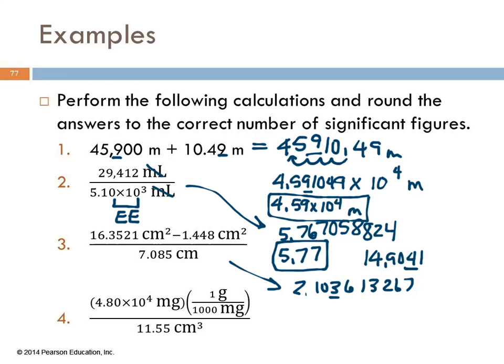We're going to go to the 3. 2.10, you have to round up, 4. And what happens with the units there? We're going to end up with centimeters. Here we've got centimeters squared minus centimeters squared. That's going to give us centimeters squared. Divided by centimeters, it's going to give us centimeters.